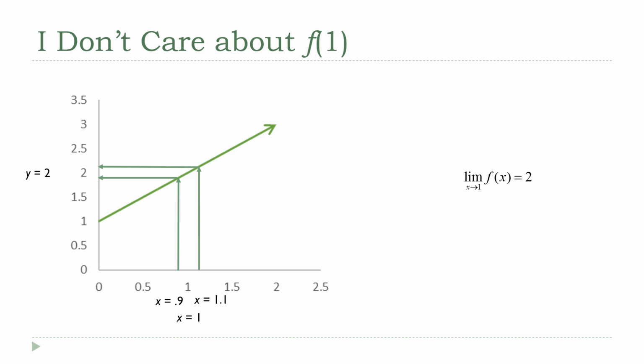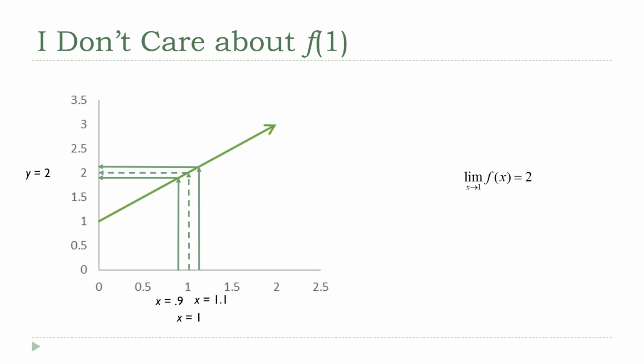Now, in this case, if we look directly at x equals 1 itself, the pattern continues. In fact, the corresponding y value isn't just close to 2, it actually is 2. But if you go back and listen to what I said at the very beginning, all I said was that the x values close to x have to be close to the limit. The fact that f of 1 was also close to the limit is nice, but it isn't a requirement.